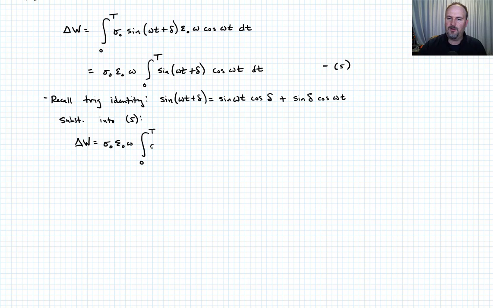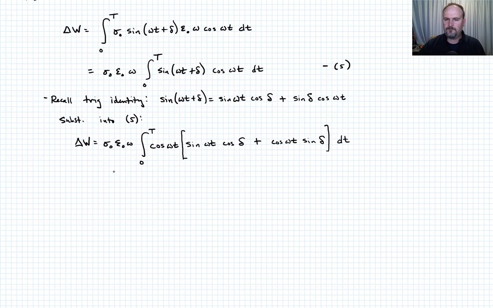I'm gonna bring the cosine of omega t out front from up there, and then write our trig identity term here, which is sine of omega t times cosine of delta plus the cosine of omega t times the sine of delta.